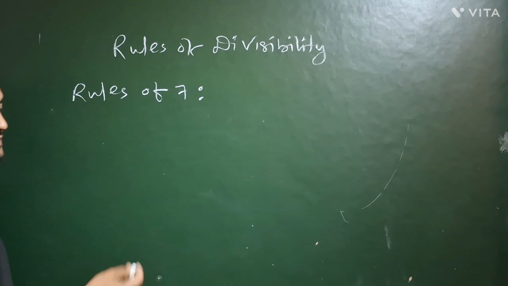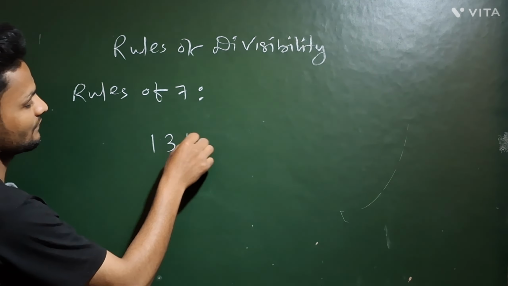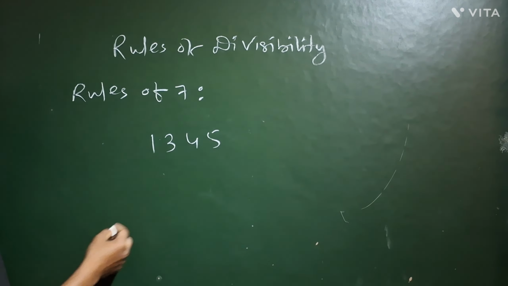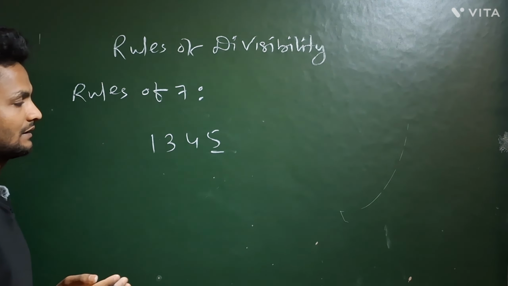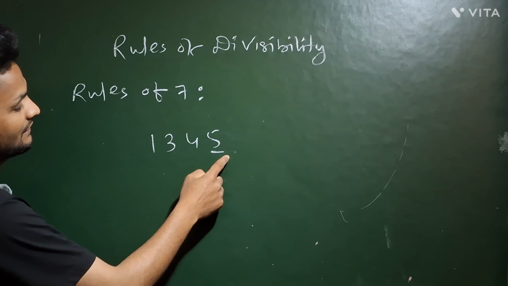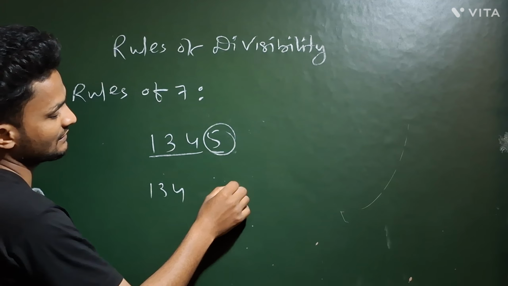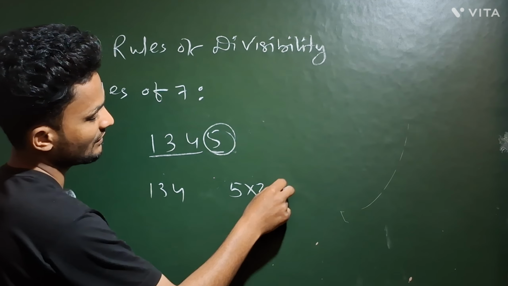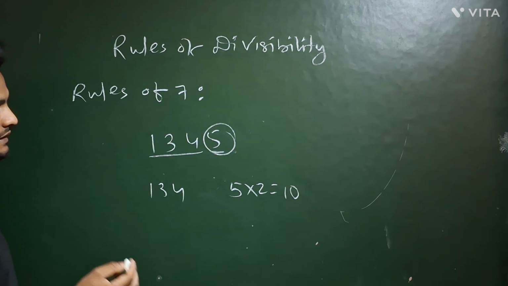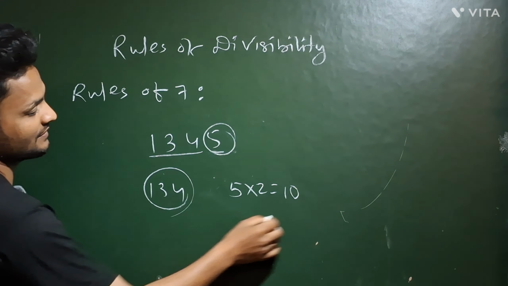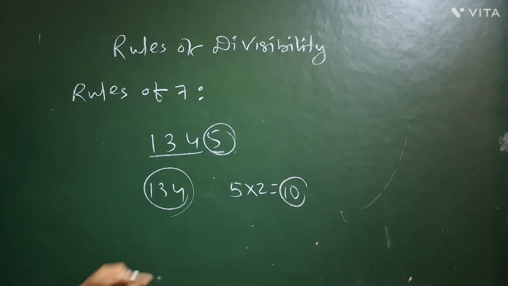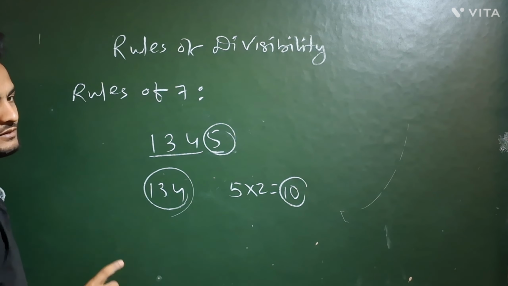Okay, one more example. 1345. In this number the last digit is 5, and if we exclude this digit we get 134, and twice the last digit is 5 2s are 10. Now we'll check the difference of this number and this number. If the difference is divisible by 7, then this will be divisible by 7.